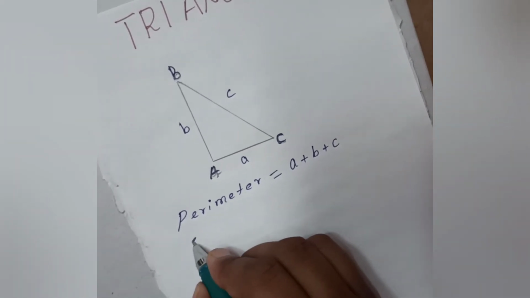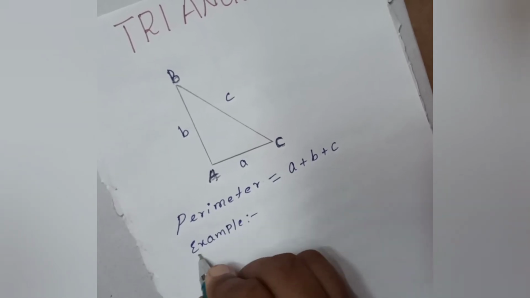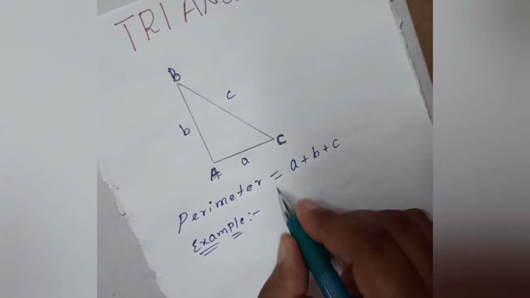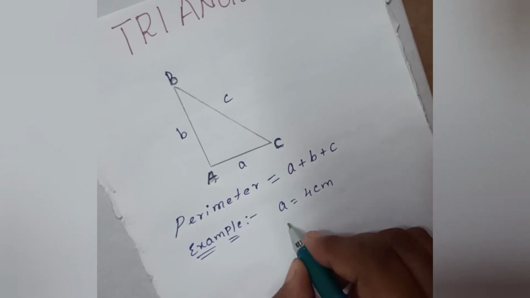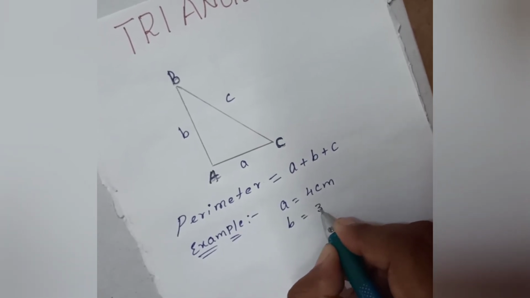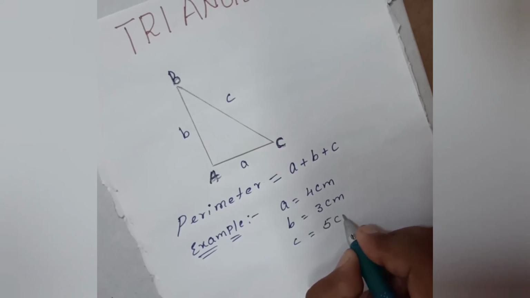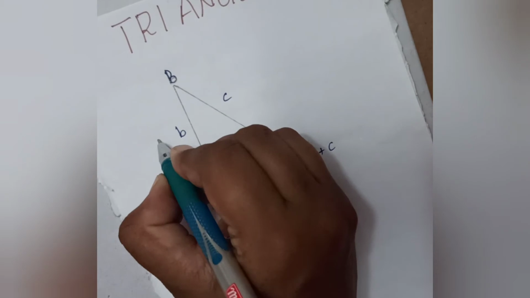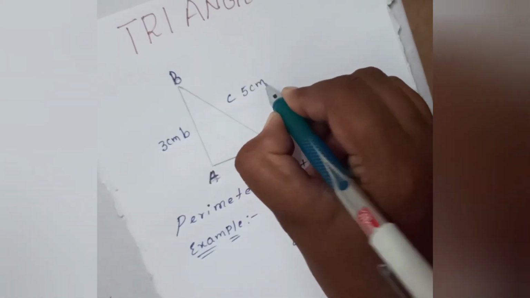Let us see an example. Small a is equal to 4 centimeters and B is equal to 3 centimeters. C is equal to 5 centimeters.